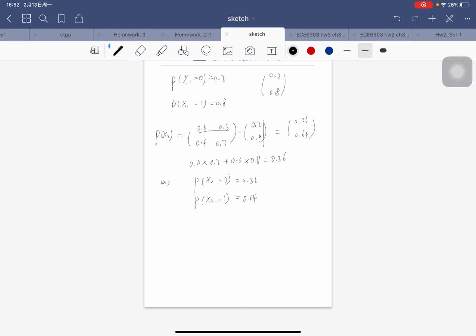The next is about finding the probability of x3 equals 1. We can easily get the distribution of x3 by multiplying the distribution of x2 by the transformation matrix.